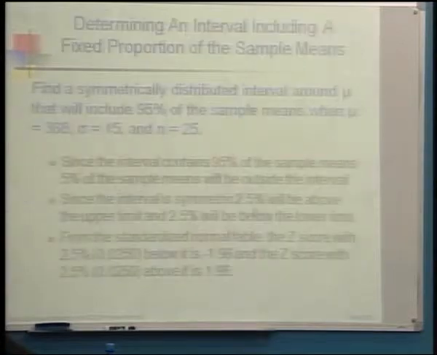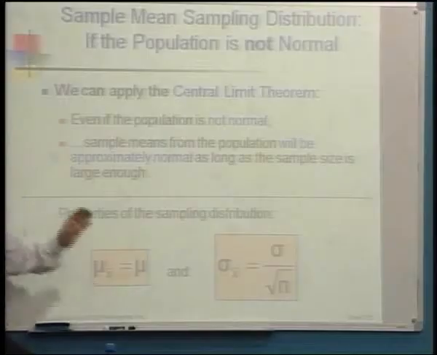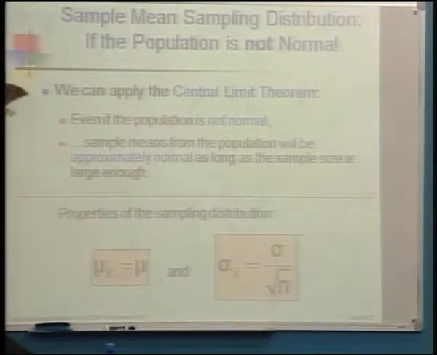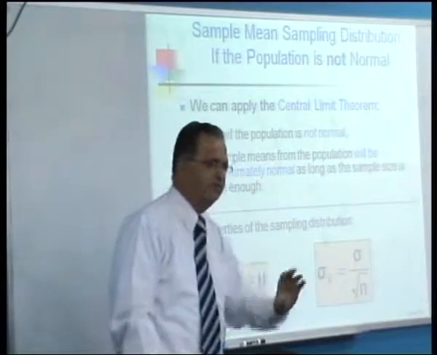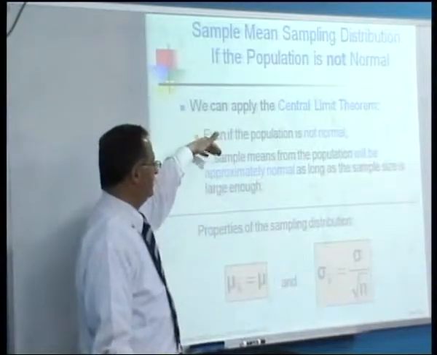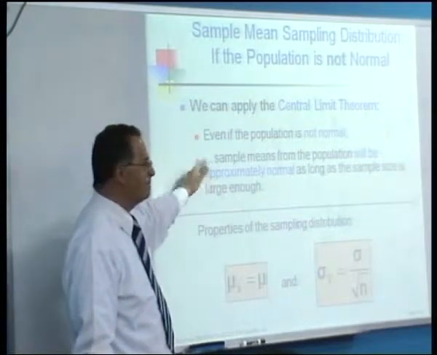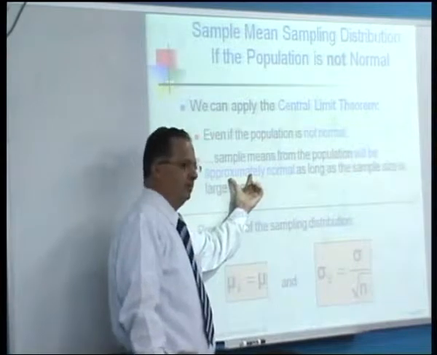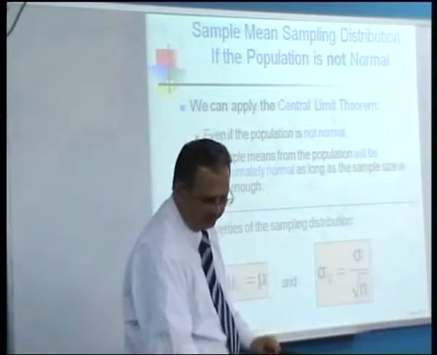The second case, if the population is not normal, in this case we can apply the central limit theorem, and this theorem can be applied if the sample size is large enough. So if n is large, we can say that the sampling distribution of the sample mean is approximately normally distributed as long as the sample size is large enough.